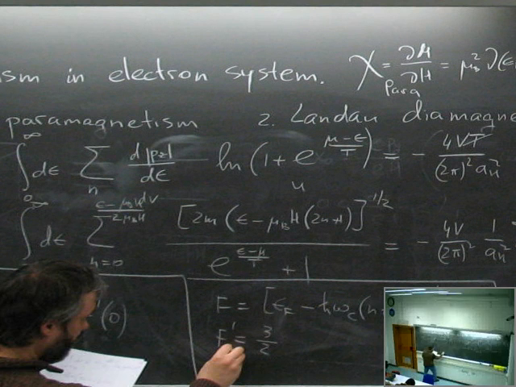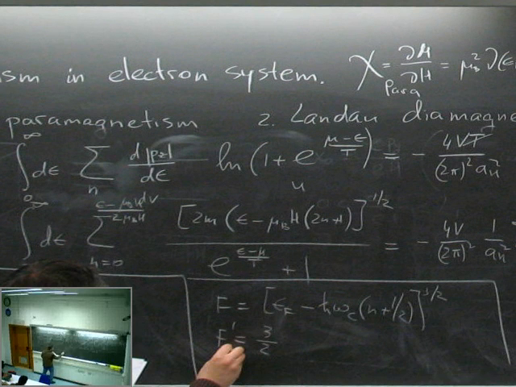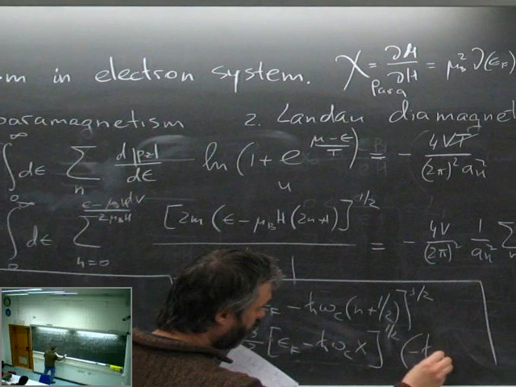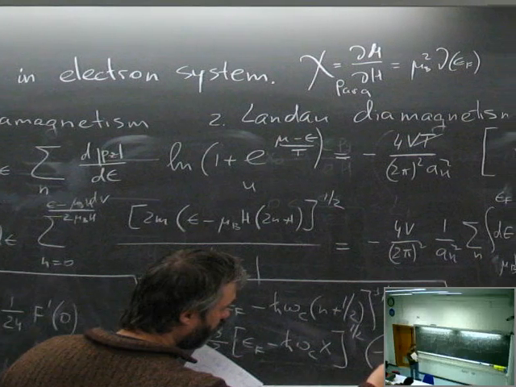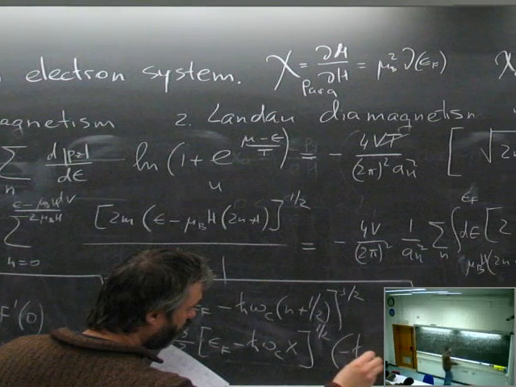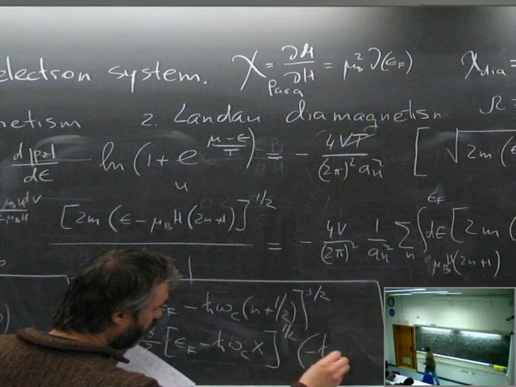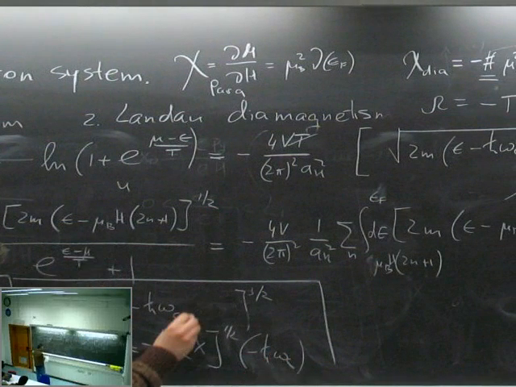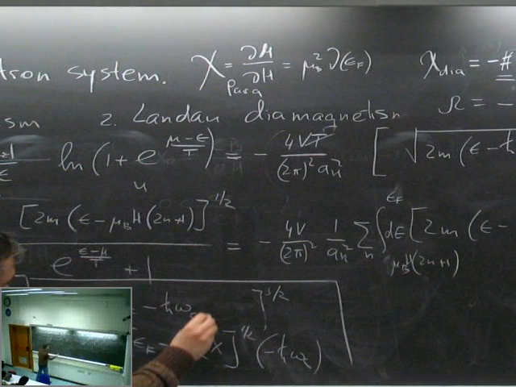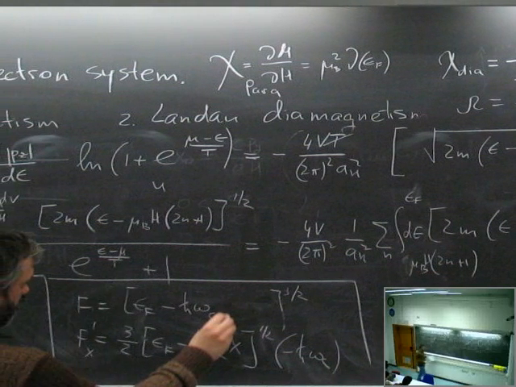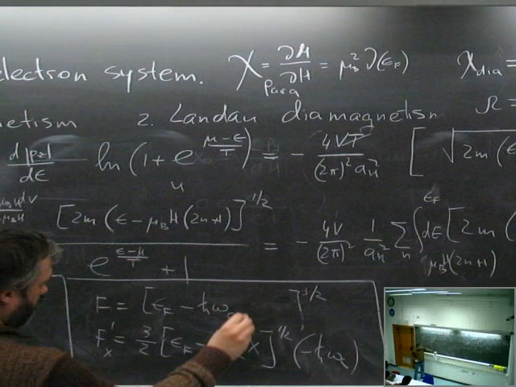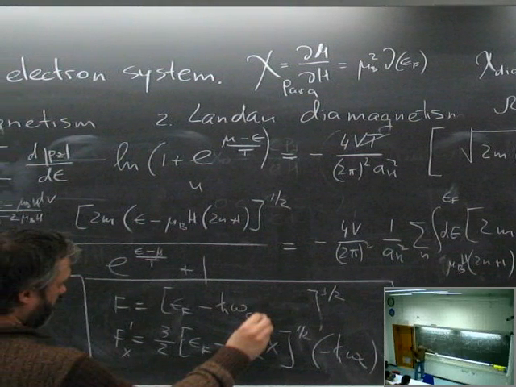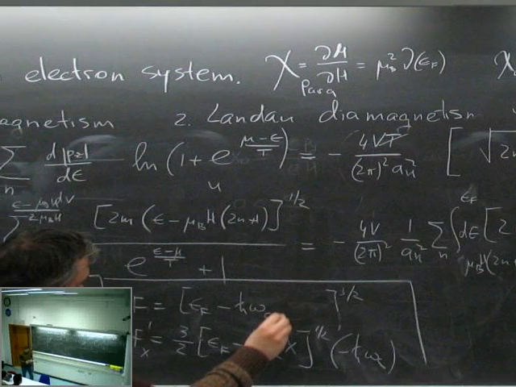Fermi energy minus h omega c x to the power 1/2 times minus h omega c. Right? I will even remove n and write x here. Oops. X. And clearly, at x equal to 0, this is the Fermi energy to the power 1/2.